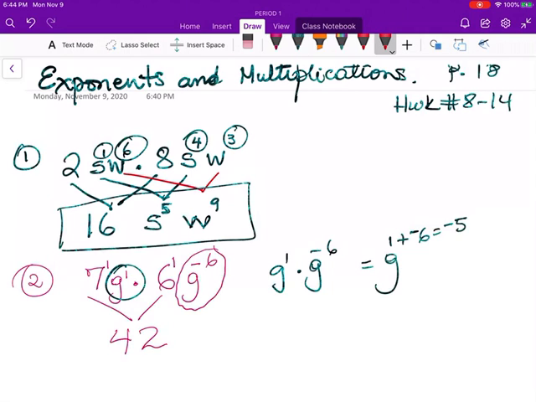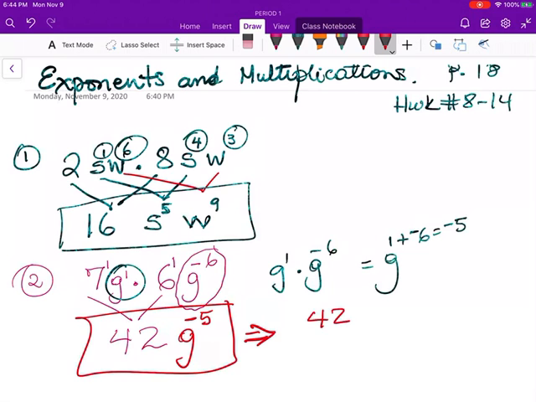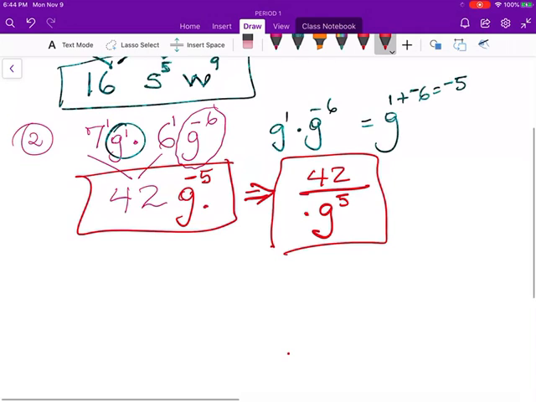So you will get 42g to the negative 5. Now, you know that this could be written as 42 over g to the power of 5. It's the same thing, because here is a negative, you could put it down here as a positive. Okay, if you need to pause this, you can pause it.